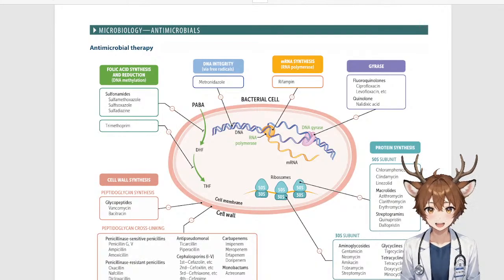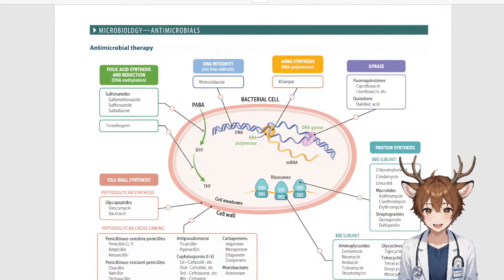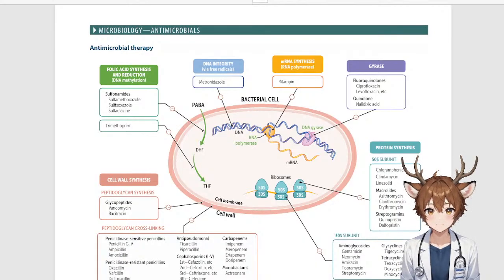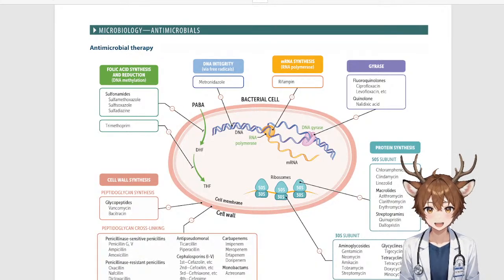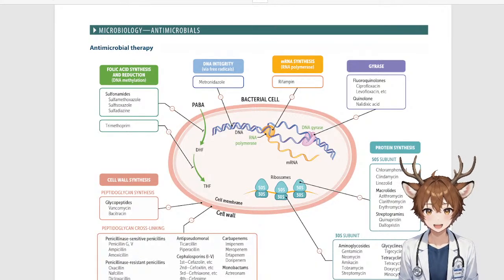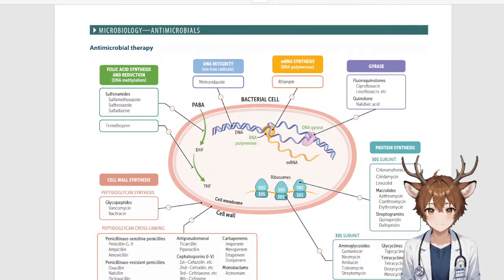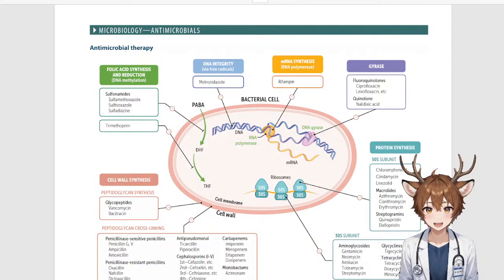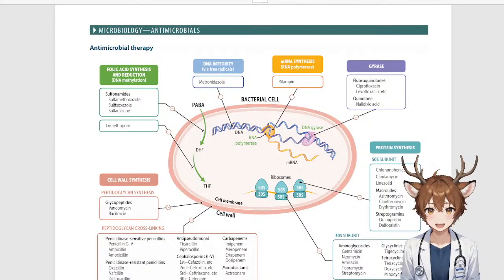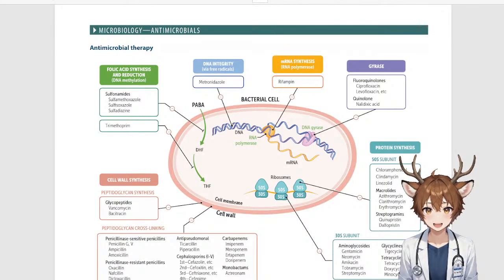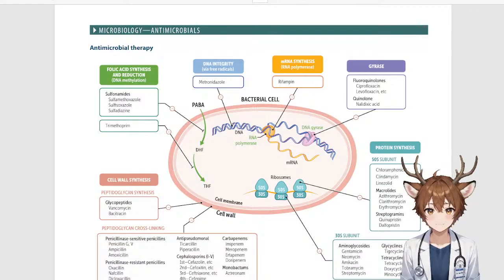We have 30S subunit stuff, so like aminoglycosides. We have things like 50S subunit, things that mess with that, so things like macrolides and streptogramins. We have gyrase, things like fluoroquinolones. We have things like rifampin, messing with mRNA synthesis, and then things that mess with DNA integrity like metronidazole.